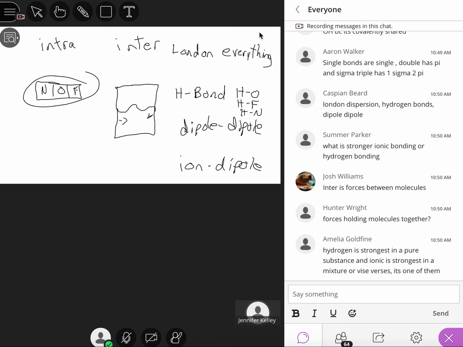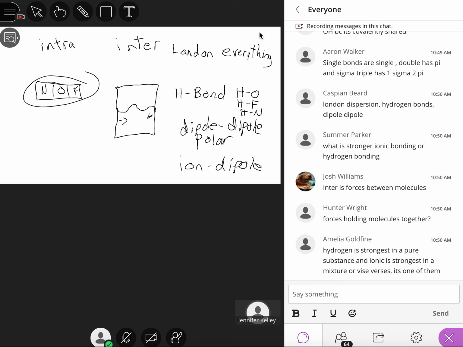Dipole-dipole would be one polar molecule attracted to another polar molecule. It can be a different kind of molecule, or it can be two molecules that are the same. Like I could have carbon monoxide attracted to another carbon monoxide. And since they're both polar, then that would be dipole-dipole. So that has to be polar things.